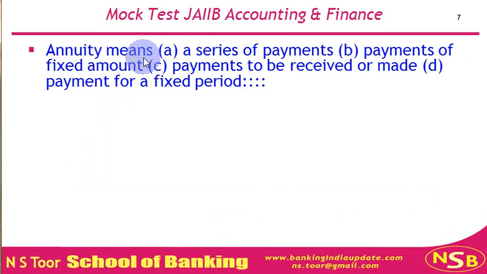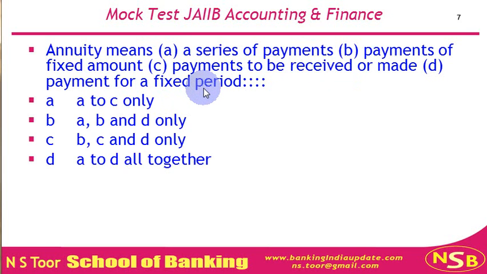Annuity means a series of payments, payment of a fixed amount, payments to be received or made, for a fixed period. So we have to choose the correct option. And here we have our answers. Friends, we must know that annuity is a series of cash flows, payments.